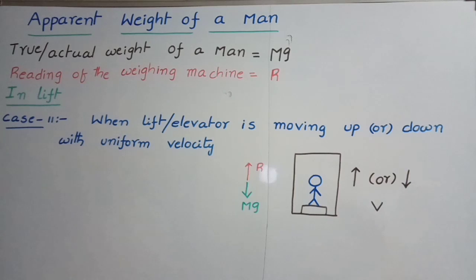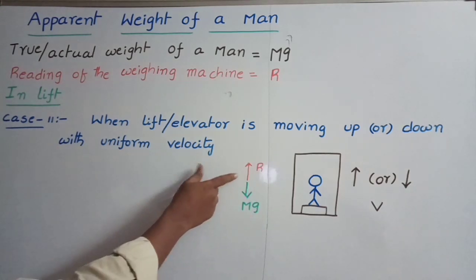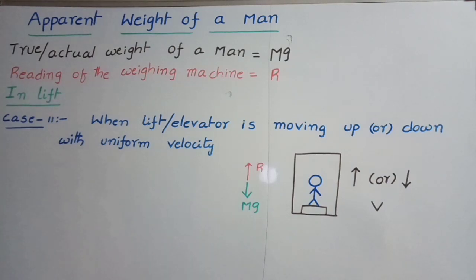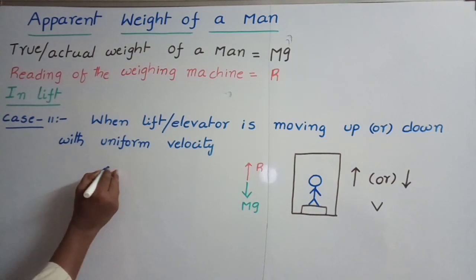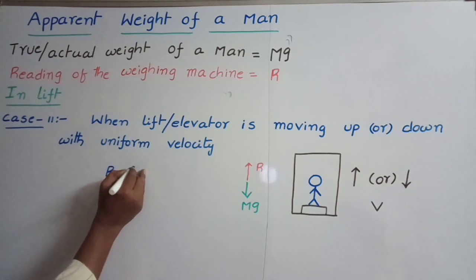Next, case 2. When the lift or elevator is moving up or down with uniform velocity. In the case of uniform velocity also, the net force acting on the man is equal to 0. So only two forces are acting, the reaction force and the weight. In this case, the reading given by the machine is R is equal to mg only.